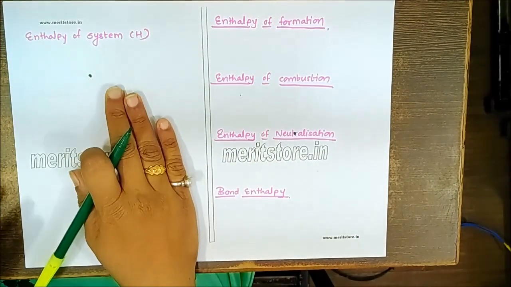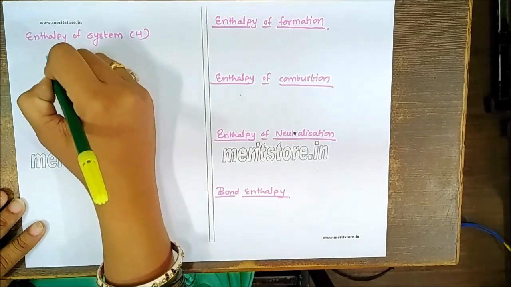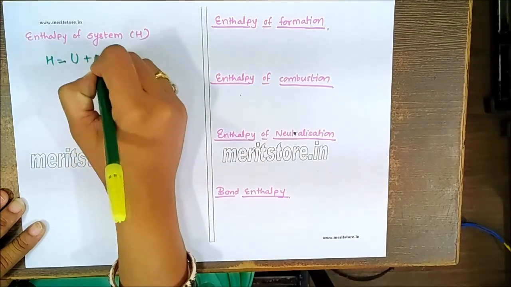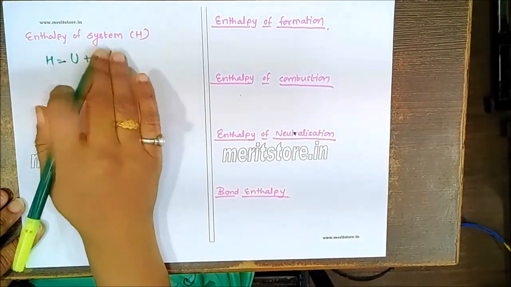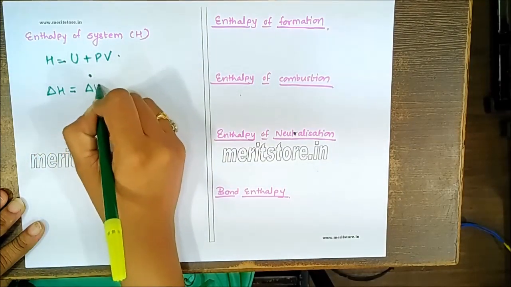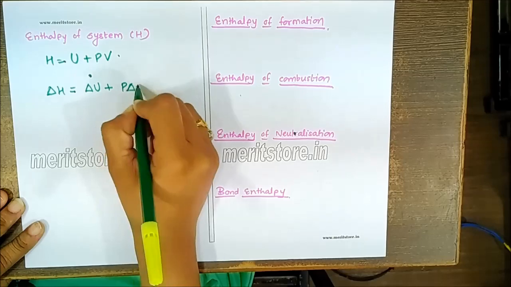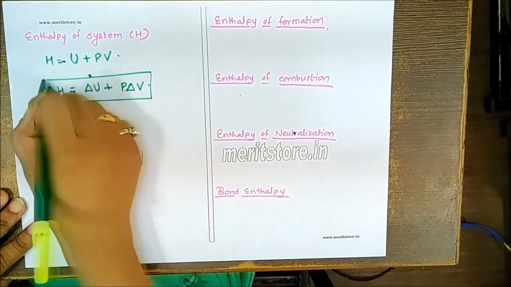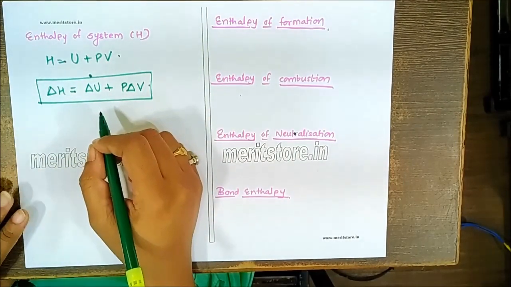Next, in case of enthalpy, we have the formula H is equal to U plus PV. If you calculate for the different state functions, we'll get delta H is equal to delta U plus P delta V. This is a formula which is related to the work done. We can use it.